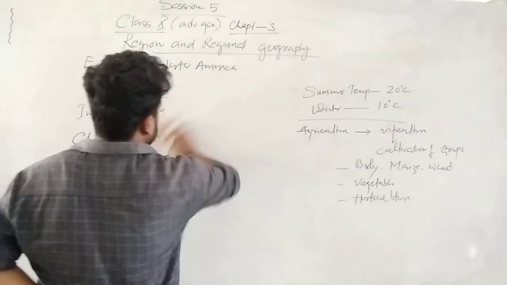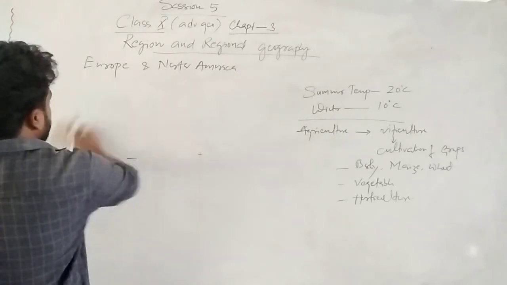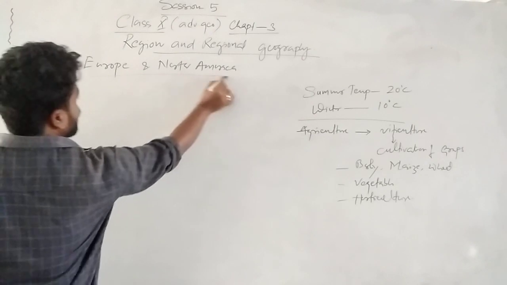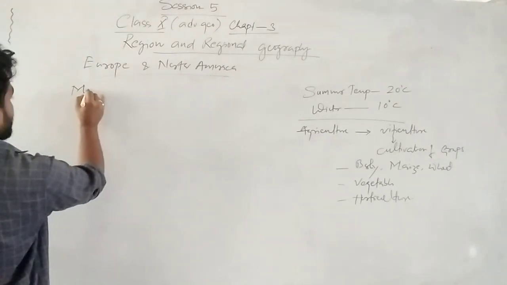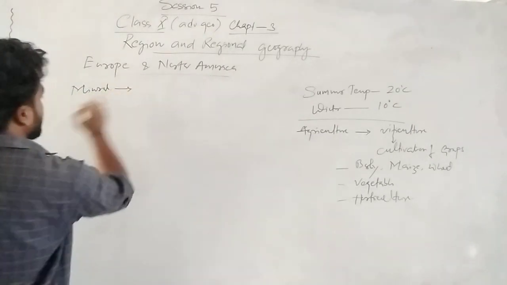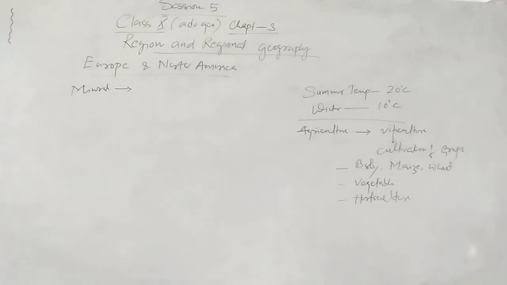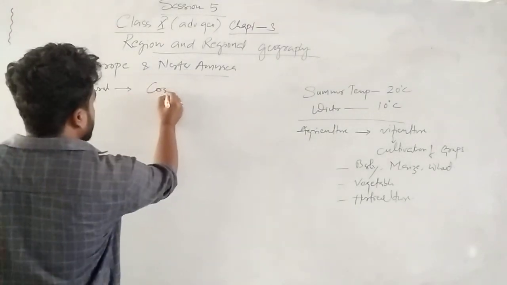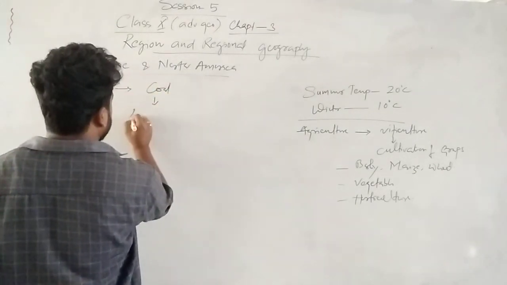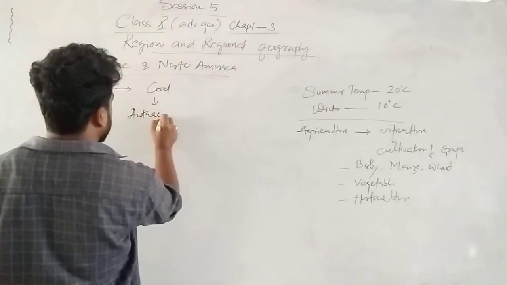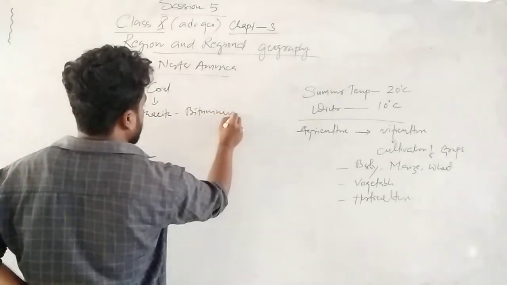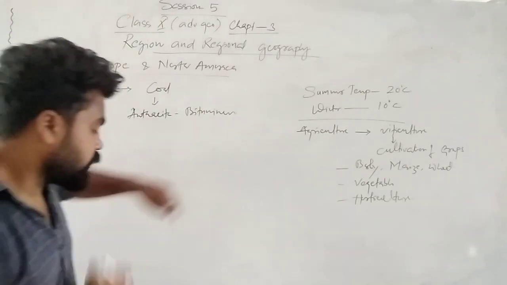So again regarding minerals for industrial purpose, we'll see what are the different minerals there. Regarding minerals, we can see coals, generally anthracite, bituminous. These are generally abundant in Europe. Okay.